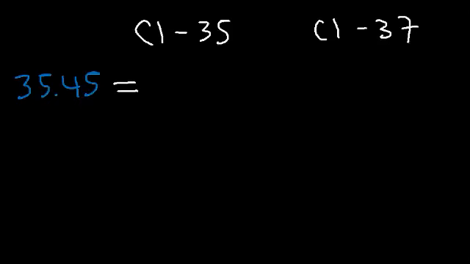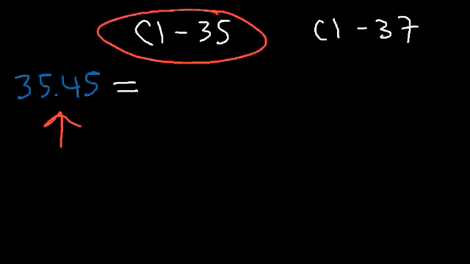Now, knowing that, do we have more of the Cl35 isotope or the Cl37 isotope? Which one is more predominant in nature? Because the average is closer to 35 than it is to 37, that tells us that chlorine 35 is more abundant in nature than chlorine 37.